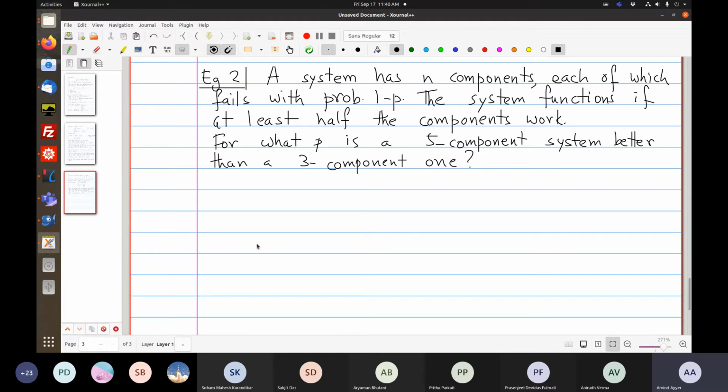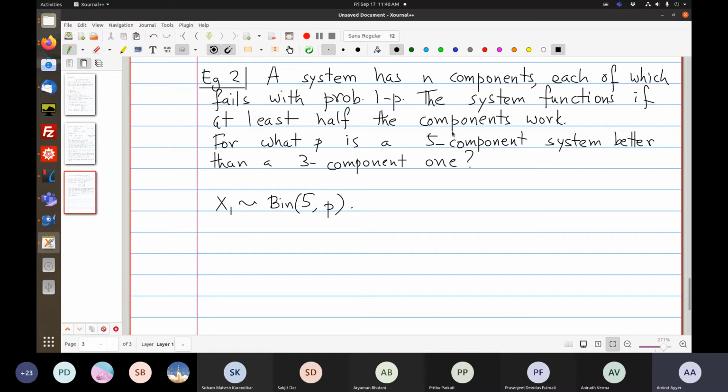So let's define our random variables. Let x1 be the random variable for the 5 component system. What kind of random variable is x1? A binomial random variable, but with what parameters? 5 comma p. Good.